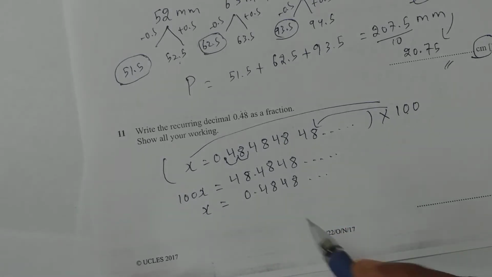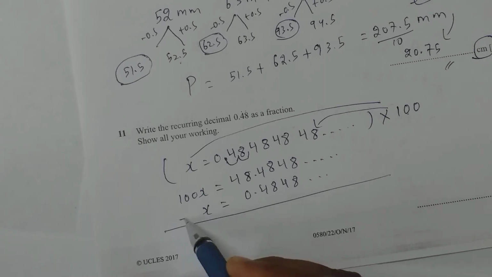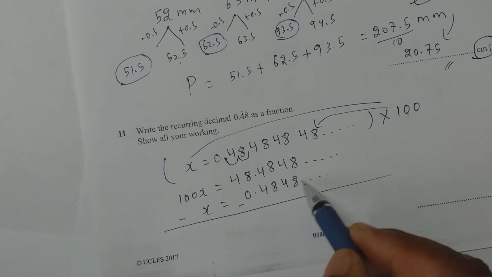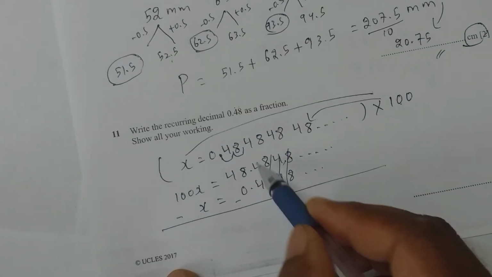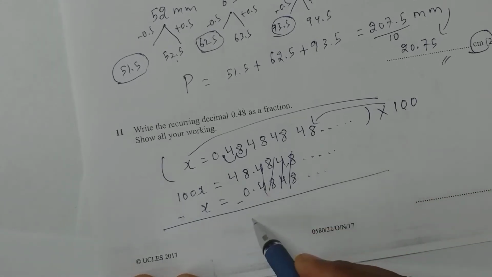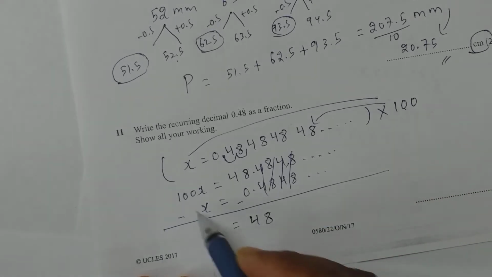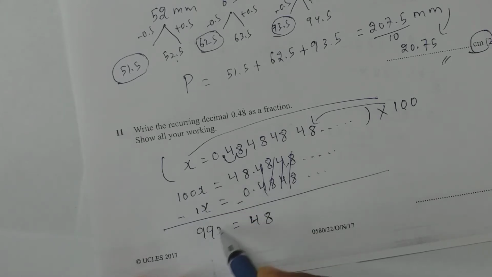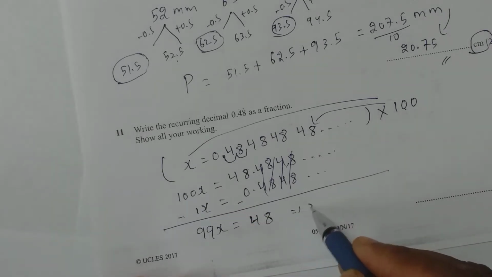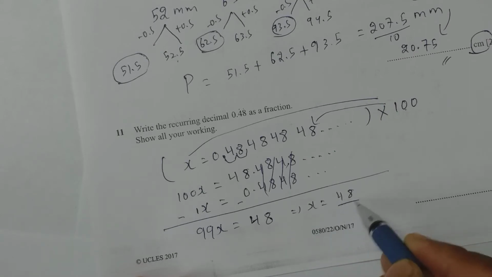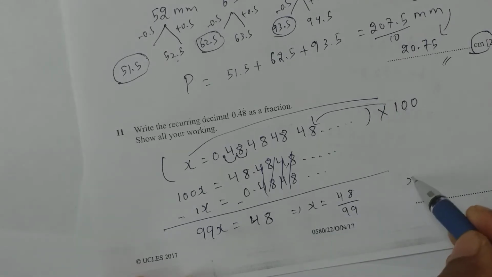What you need to do next is subtract these two. Here all the 8s minus 8s go, so left out is only 48. And on this side 100x minus 1x is 99x. So x equal to 48 by 99 is the answer.